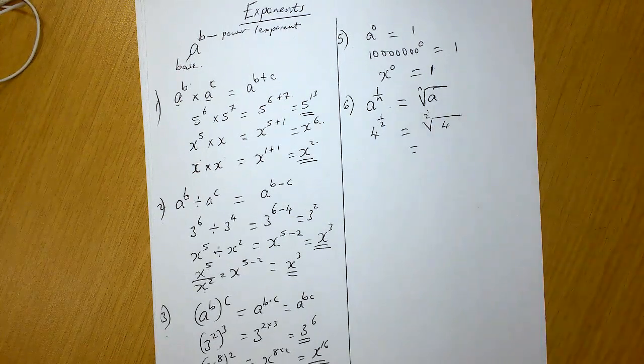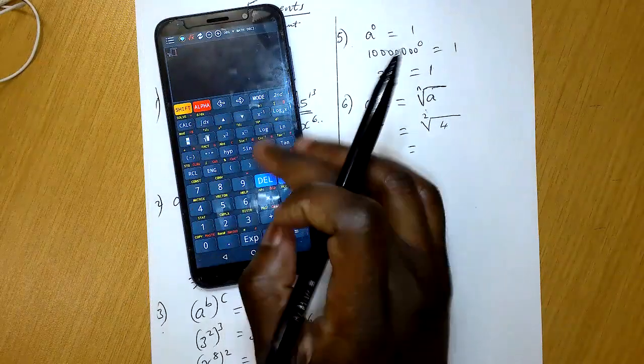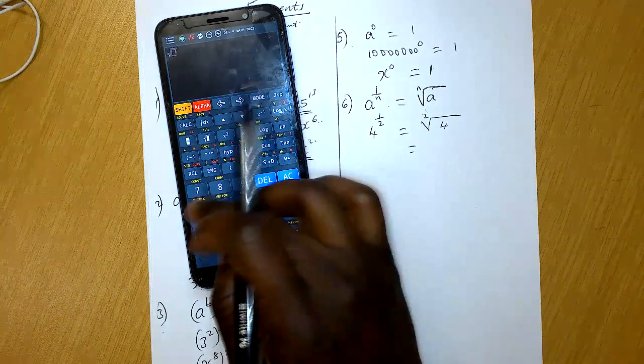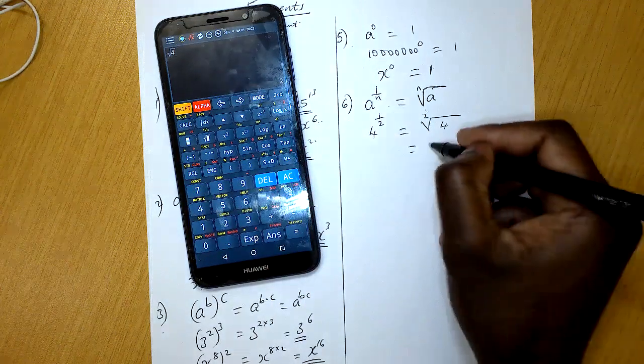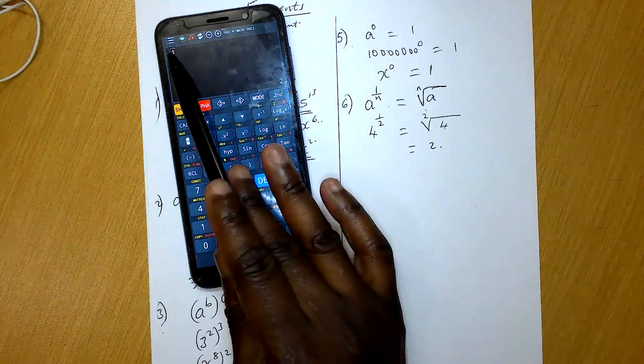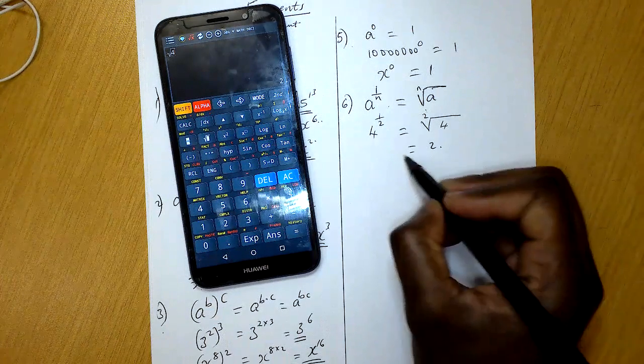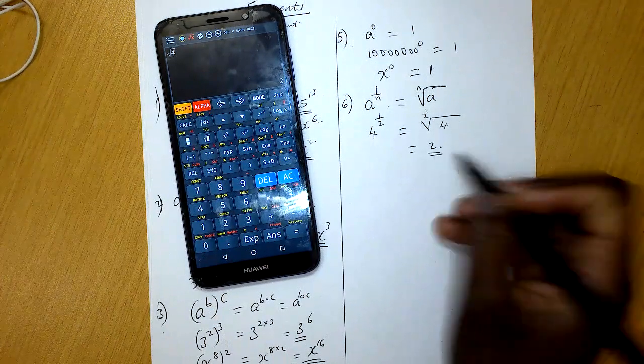Now the square root of 4 is equal to 2. There is no sign here that shows that it's a square root, but that's our answer.